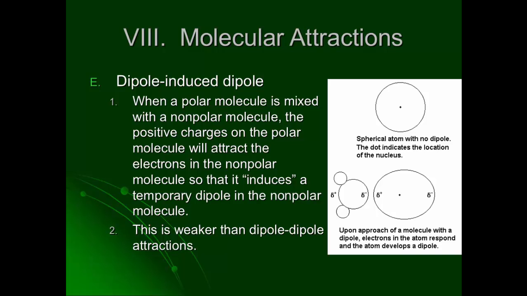It's weaker than dipole-dipole because this is just pushing it into that position and then causing the chain reaction. And it can move over time as the molecule next to it moves. Of course, its induced dipole is going to shift. So it's a weaker attraction, but it still is an attraction. And the larger your molecule gets, the more electrons it has to do the pooling, the less it's likely to move quickly, and you'll get a stronger molecular attraction.